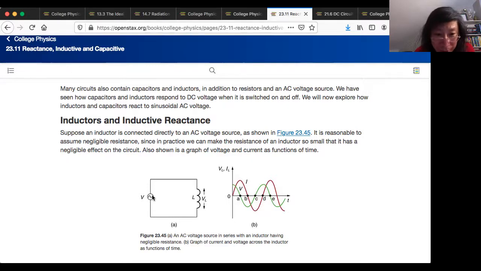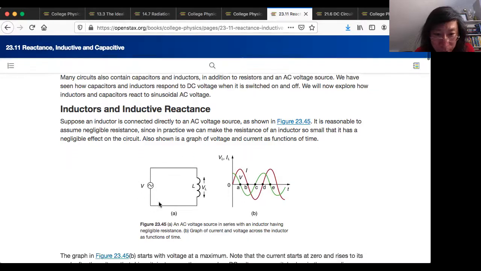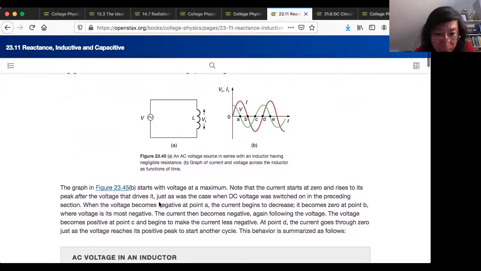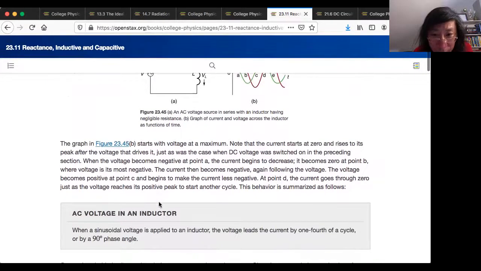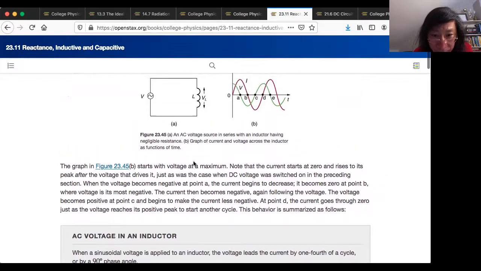You have this little sine wave there to show that it's an AC circuit, the kind of thing we have in our houses and walls, or in your doctor's or dentist's office. So if the voltage becomes negative, right?